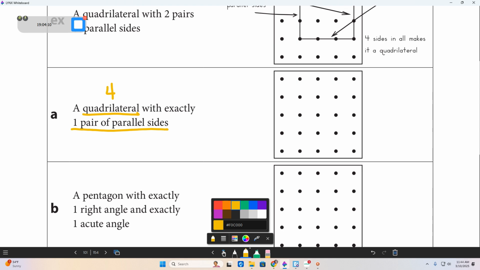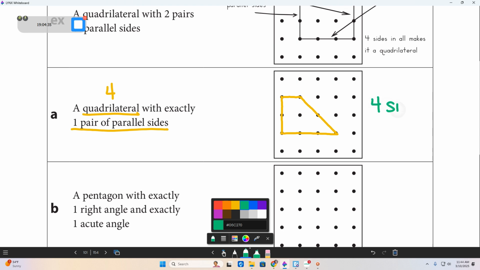I think I'm going to draw a trapezoid. And the reason I'm going to draw a trapezoid is that it is literally a 4-sided shape with 1 pair of parallel sides. That's the definition of it. So I'm going to draw this kind of a trapezoid. You could draw more of a classic trapezoid if you want, but we definitely need to label it. So we want to label maybe that it's a quad.